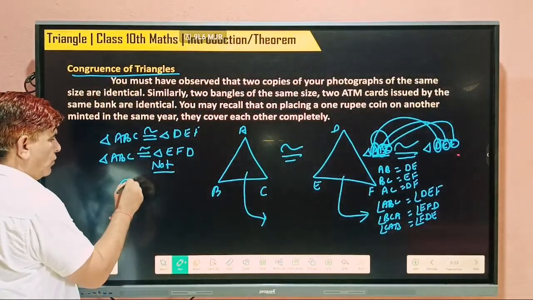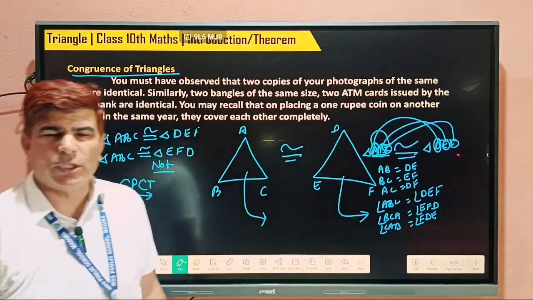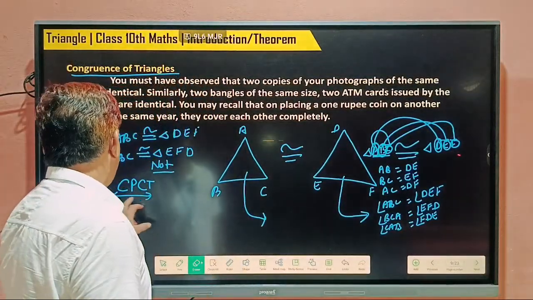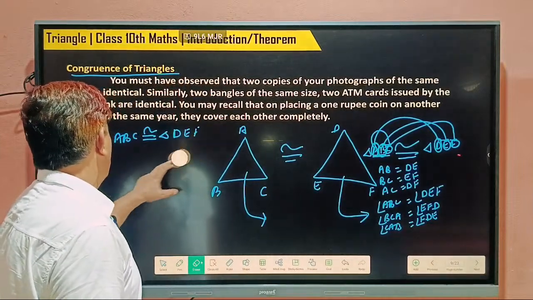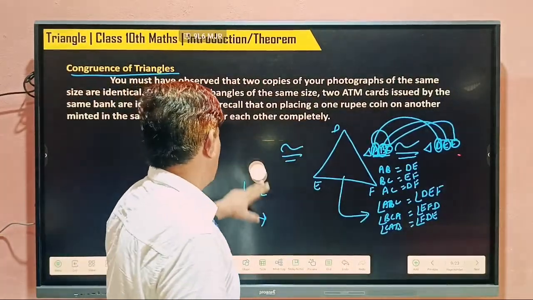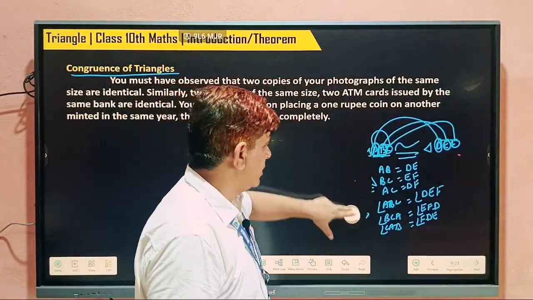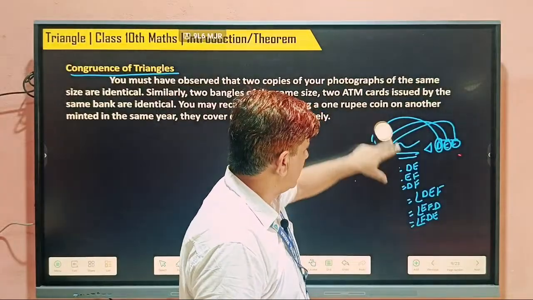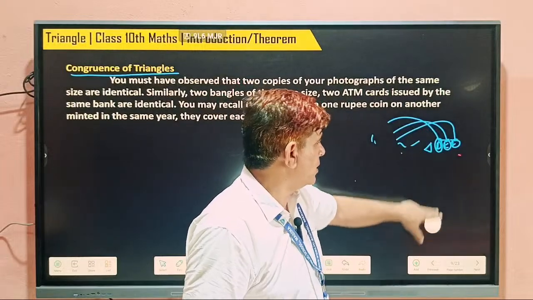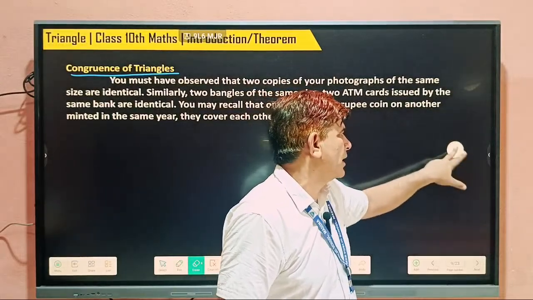So that must follow CPCT. First we will revise what we have done in class 9. One by one we can revise it. We are using CPCT, meaning corresponding part of the congruent triangle. 6 elements in a triangle: 3 sides and 3 angles. And when 2 triangles become congruent, when 6 elements of one triangle are equal to the 6 elements of another triangle, and they follow CPCT, corresponding parts.